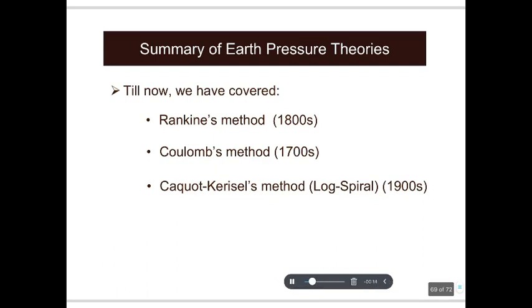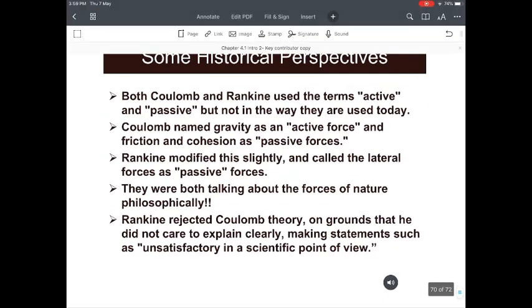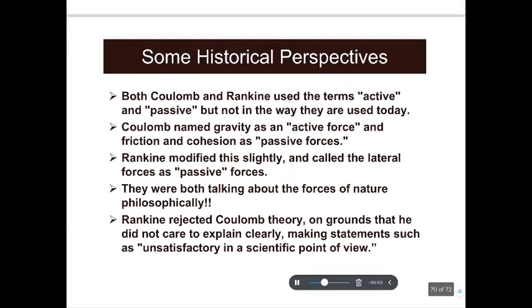This is the summary. So we have covered the Rankine method from the 1800s, the Coulomb method from the 1700s, and the last one, the Caquot and Kerisel method, which adopts the log spiral failure surface assumption during the 1900s. Here are some historical perspectives, so you can have a look.